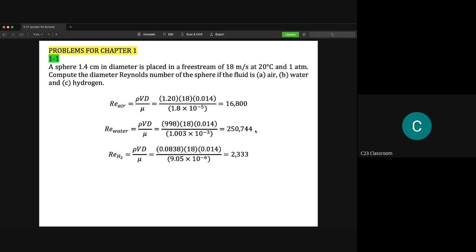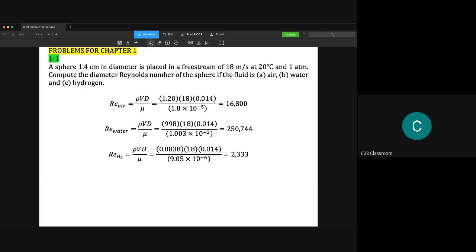As I said, you must know the type of flow, the situation, the condition of that flow, and then you need to know what kind of range you need to choose. So in this situation, we have a sphere here.